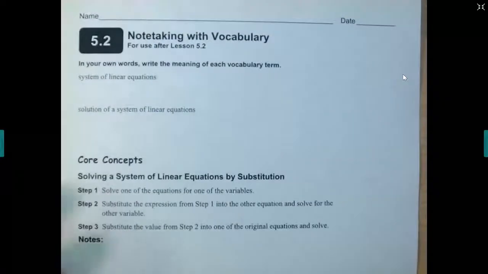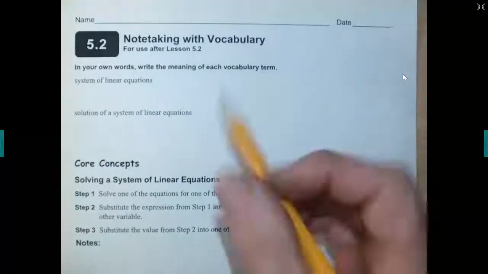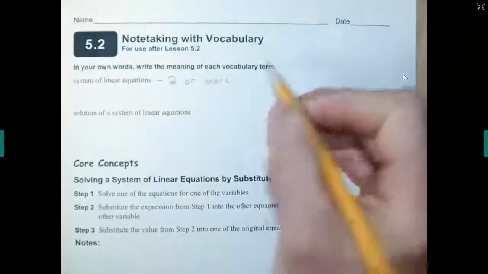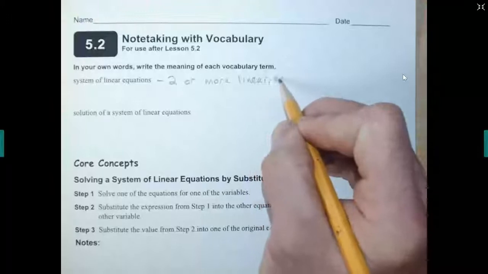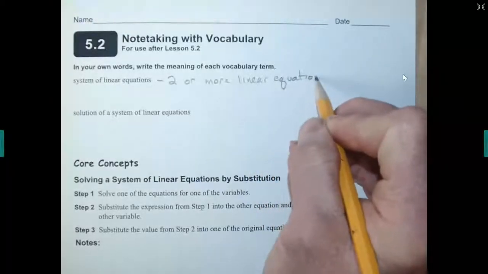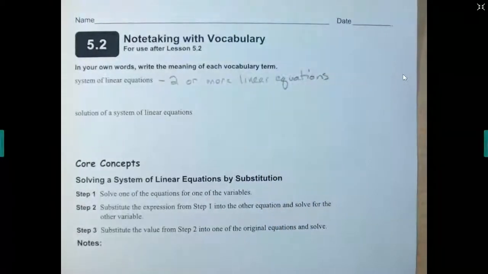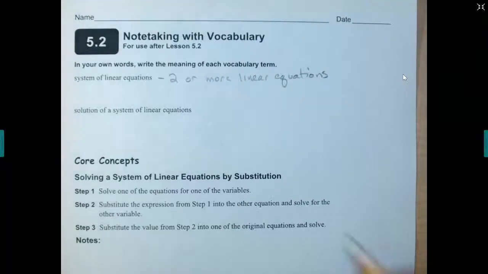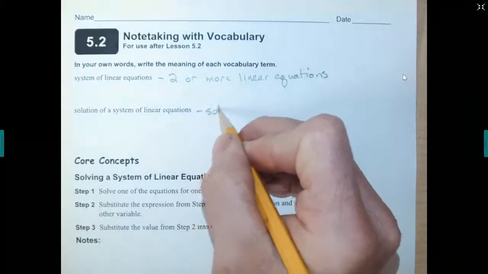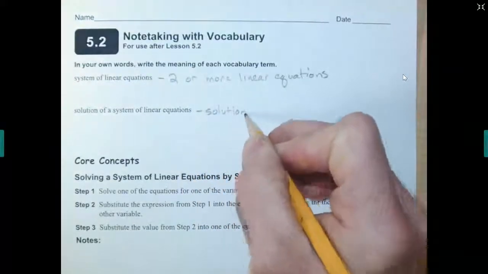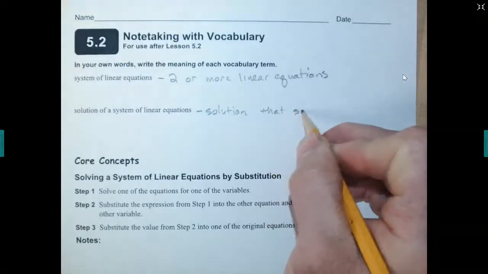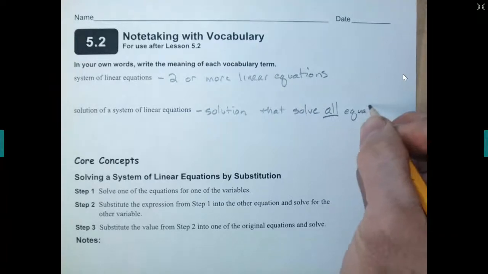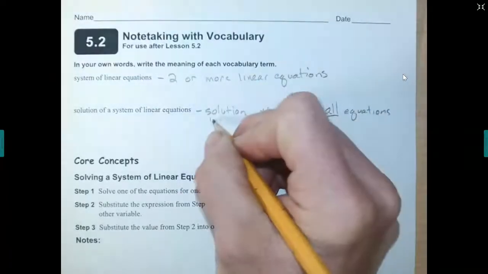that a system of linear equations is simply two or more linear equations. And the solution of a system of linear equations is a solution that solves all equations in the system.